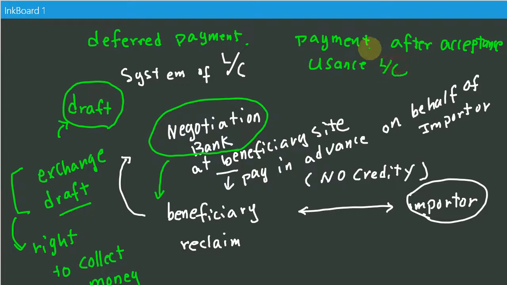I see. Okay, these three types are quite similar, 1, 2, 3, but the difference is that payment after acceptance and nuisance LC require a draft, but deferred payment does not need a draft. Okay, this is the distinction, but all belong to deferred payment.